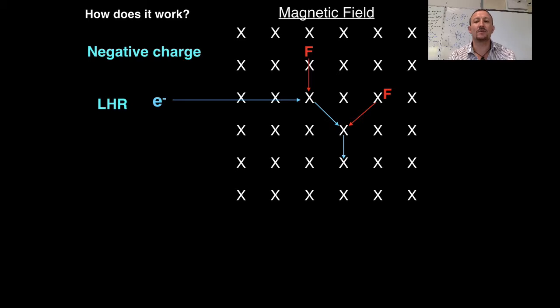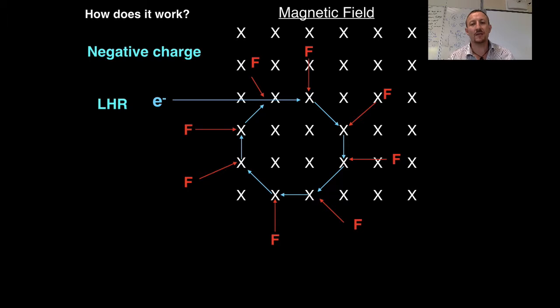As a result, I'm going to push my direction further down. Still going into the page, my force is now acting at 90 degrees, and so forth and so on. You will notice that in all of these cases, the force acting is perpendicular to the direction of the motion.